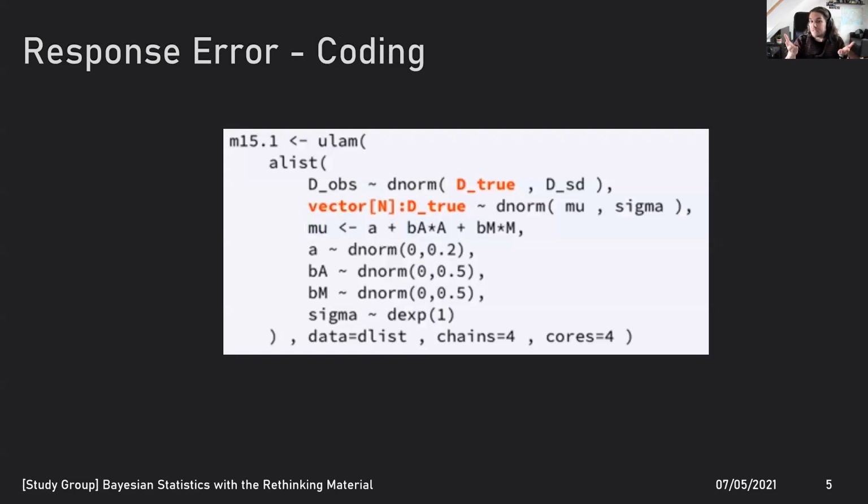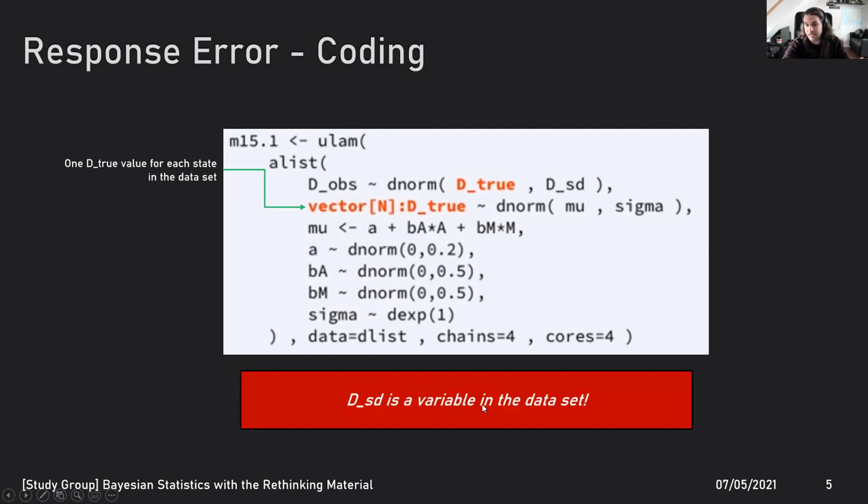Once we code this up, it just ends up looking like this, where I added some markup again. We have D true, that is the true divorce rate, which we don't know, but we want to get to through our observed divorce rate. And for each state in the data set, so N in this case is just how many rows are in the data set, we identify one true divorce rate with this line right here in the model.